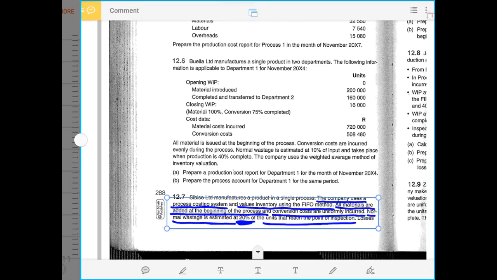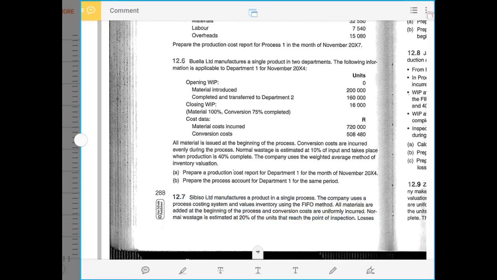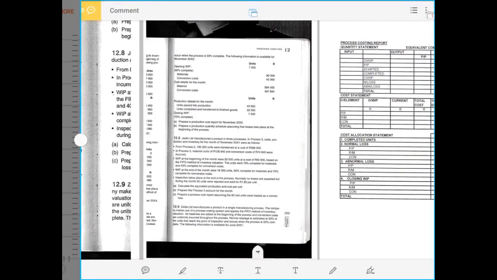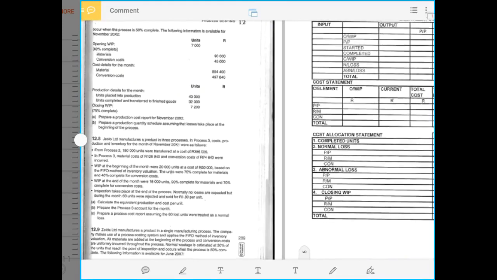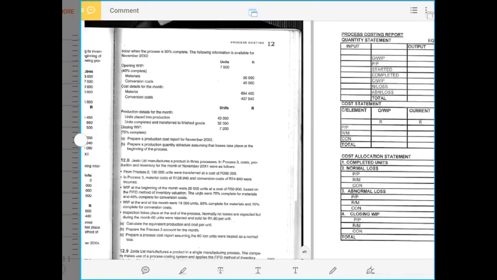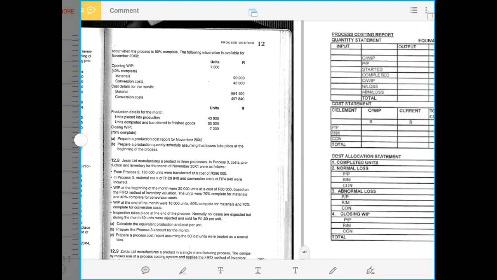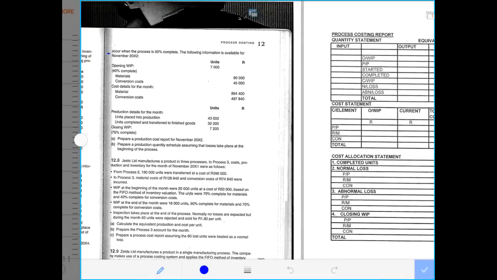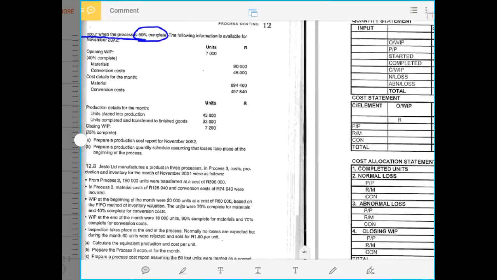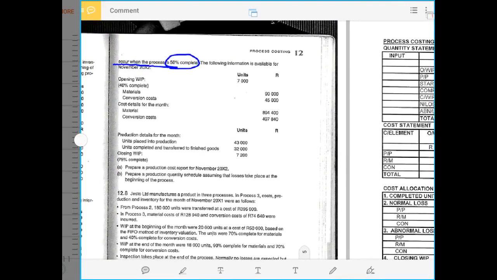And they say that losses occur when the process is 50%. That means, in other words, the inspection point takes place when the units are 50% in terms of the production process.